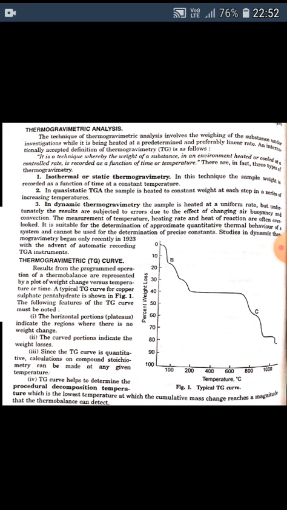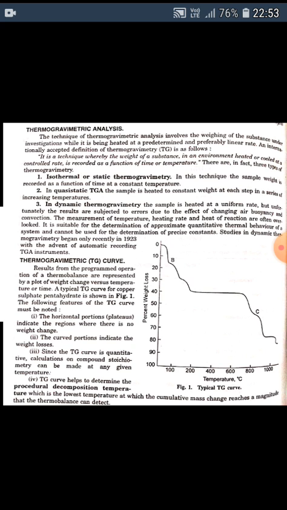They indicate the regions where there is no weight change. The curved portions of the curve indicate the regions where weight loss occurs. The thermogravimetric curve is quantitative in nature, therefore calculations on compound stoichiometry can be made at any given temperature.